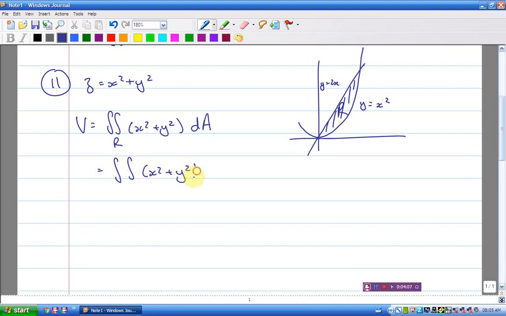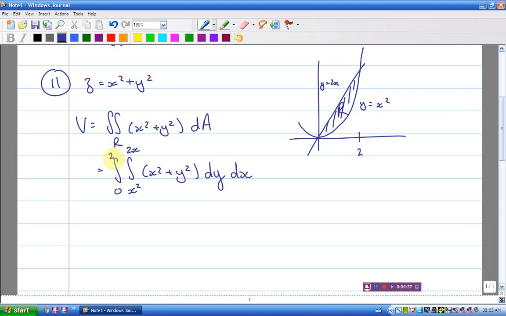Okay, my integrand doesn't care which variable goes first, x or y. My integrand is symmetric in x and y. And in fact, my region doesn't really either. I'm going to make y go first, simply because my curves are already written with y as the subject. I go from the bottom of the region, which is x squared, to the top of the region, which is 2x, for values of x that go from 0 to 2.